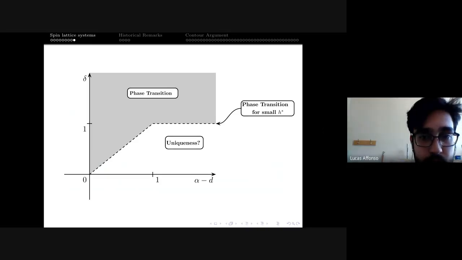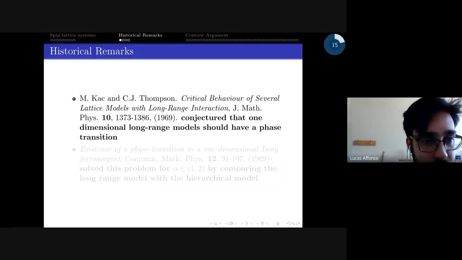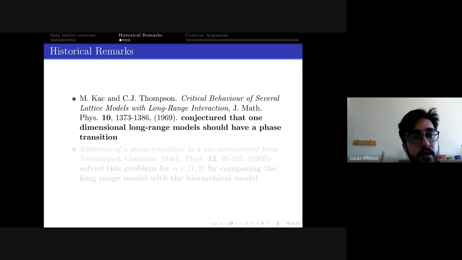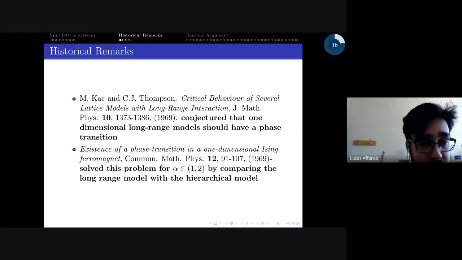Okay, so some historical remarks are due now. First, we have this paper of Kac and Thompson, where they conjectured that the one-dimensional long-range model should have a phase transition, and it was in a paper by Dyson that he proved that there was a phase transition in the one-dimensional case if the decaying parameter was between 1 and 2.